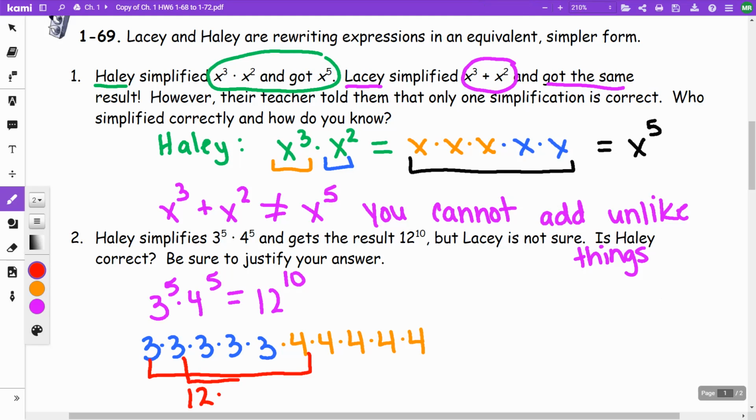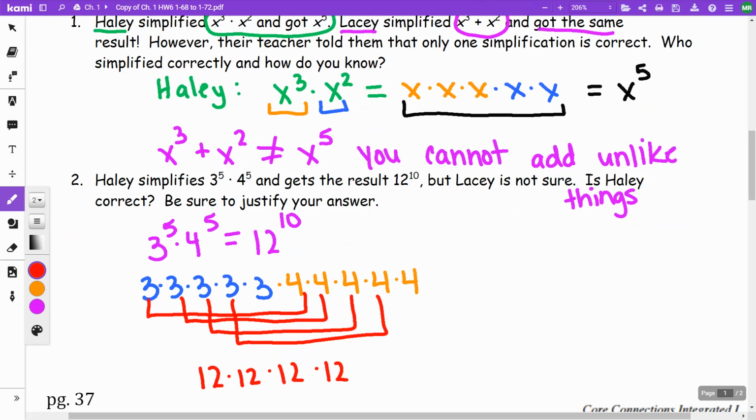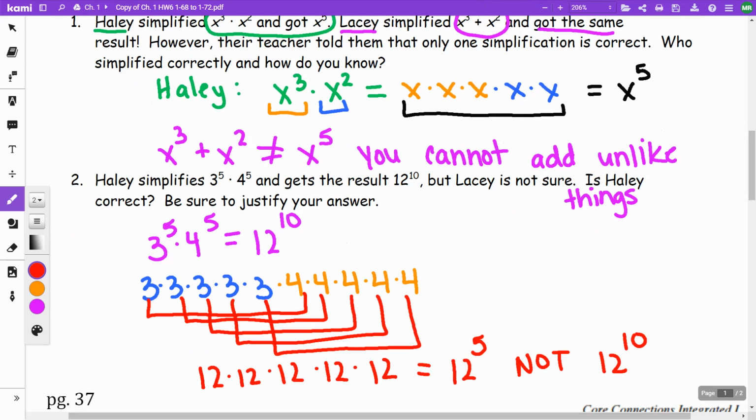This other 3 and 4 is going to become a 12. This 3 and 4 is going to make a 12. This 3 and 4. So as I'm matching each of these, I'm going to end up with 12 to the 5th, not 12 to the 10th.